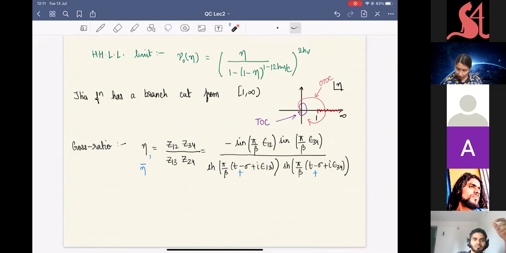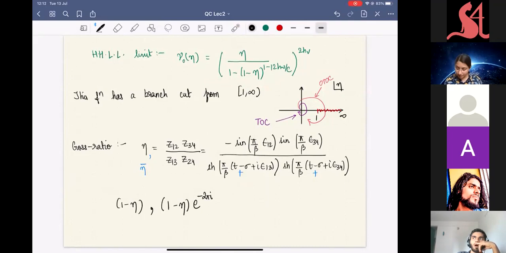This cross ratio has a singularity when t becomes equal to sigma. So this cross ratio actually crosses the branch cut at t equals sigma. So this function is multi-valued. 1 minus eta is one solution, and another solution is 1 minus eta times e to the power minus 2 pi i. Now, which solution do you choose? Which is the physical solution?